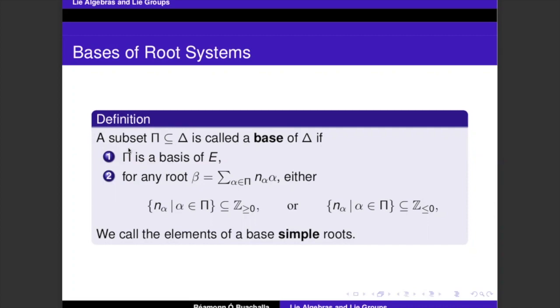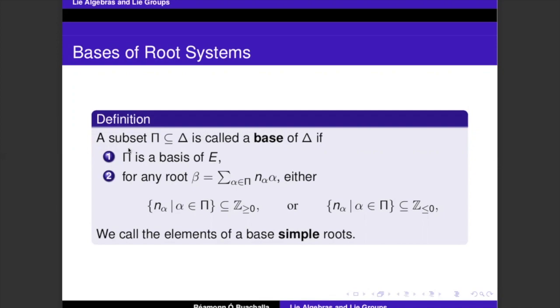But we impose an extra condition that basically we can only do it in one of two ways. Option one is when all of the integer coefficients are greater than or equal to 0. Or option two is when all of the integer coefficients are less than or equal to 0. You're not allowed to mix them up.